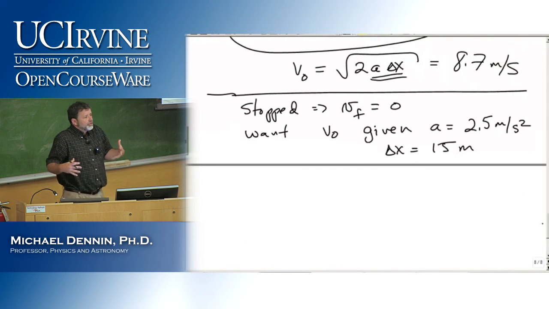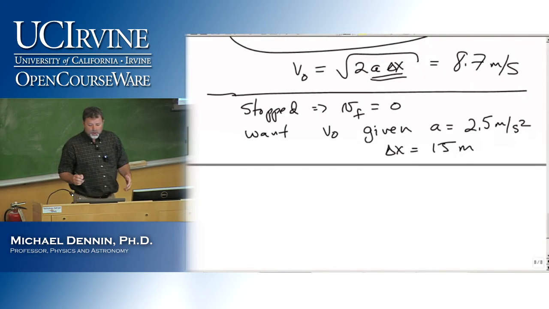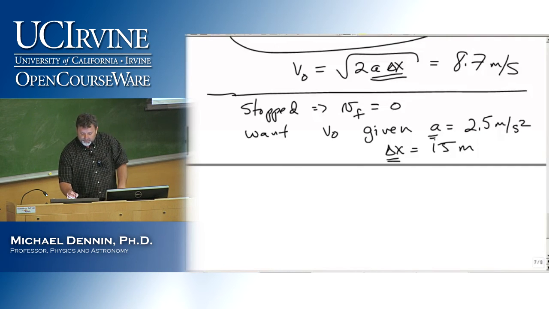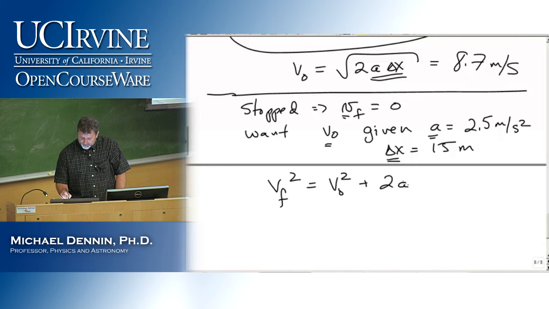You want to get used to noticing that sort of situation, where you're given stuff about delta x and a, or you're given v final, v naught, and one of those two, and you want to find the other, because now I can do it in kind of one step using this equation.